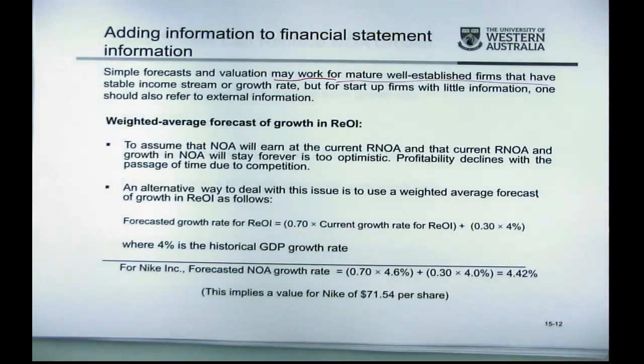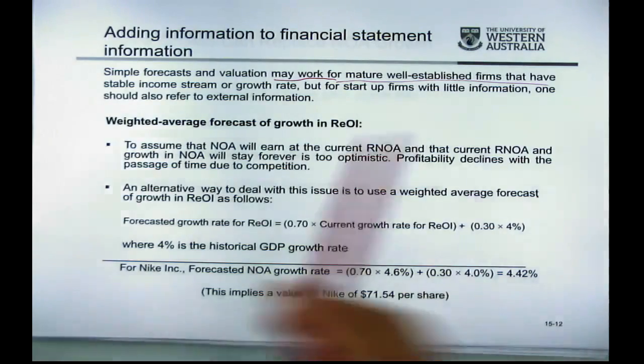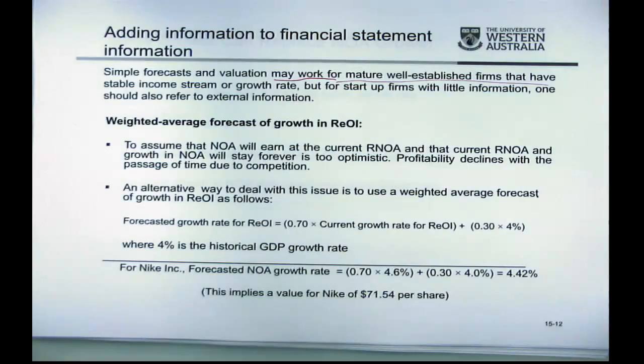Sometimes when we deal with startup firms or high growth firms, the former two cases cannot be applied. In this case, we need to make an assumption about the different periods' growth rates. Remember, in the former case, we assumed a constant growth rate starting from year 1 onward. Okay?